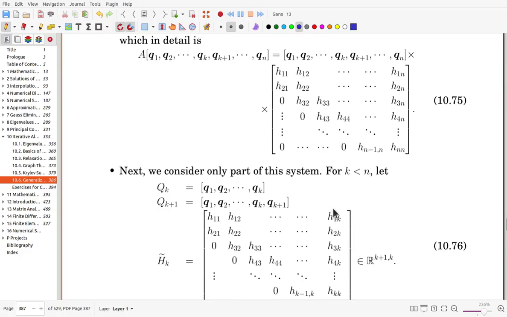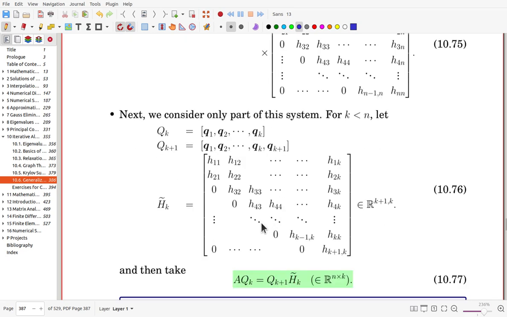Now, rather than this whole system, we consider only part of this system. For k less than n, we define Qk, collecting only k columns of Q. Then Qk plus 1 will have k plus 1 columns of Q. And H tilde k is defined.